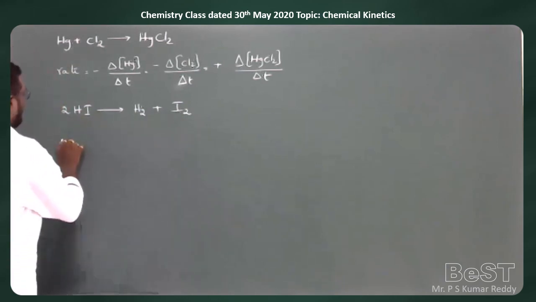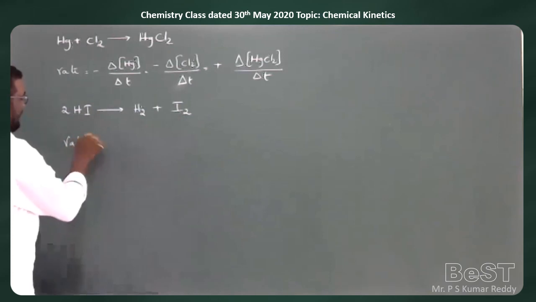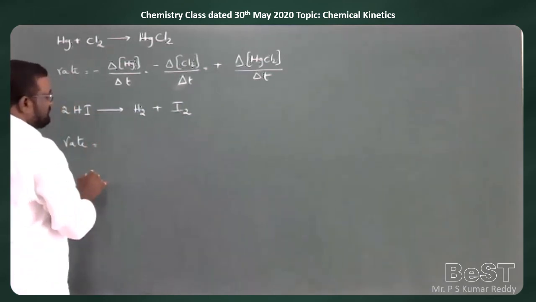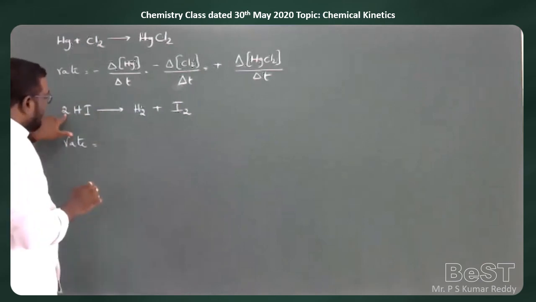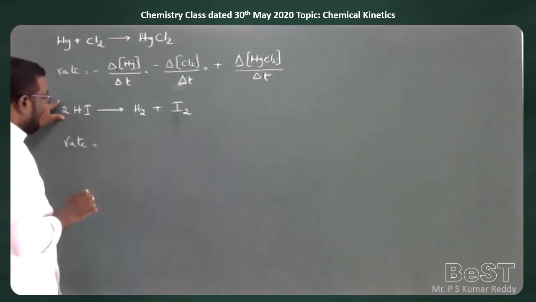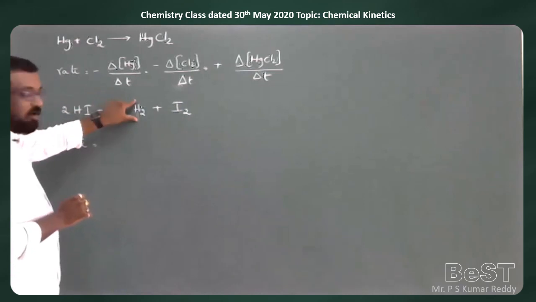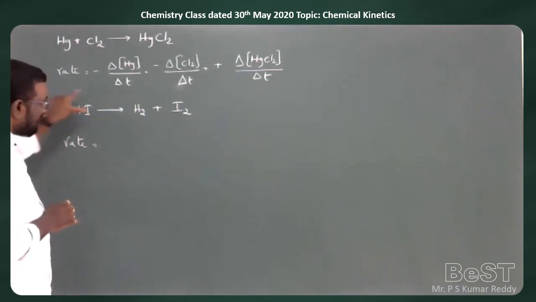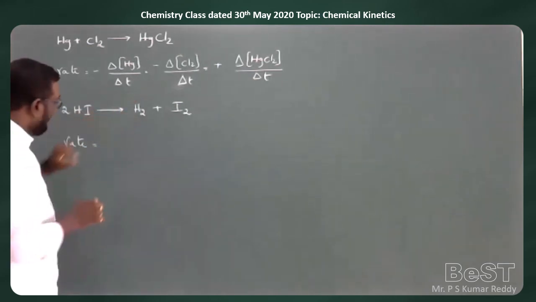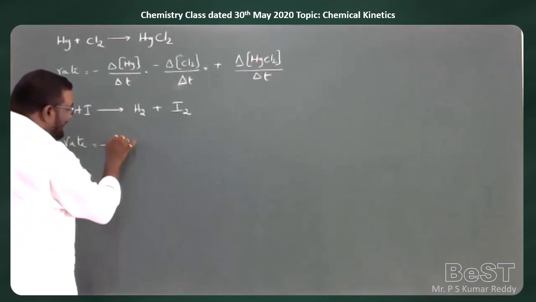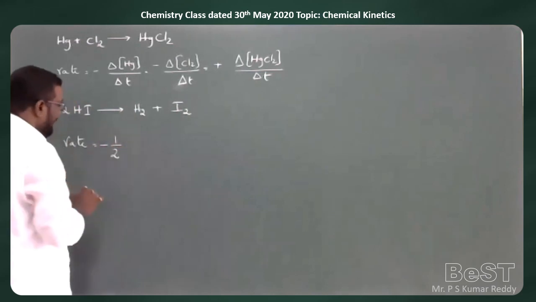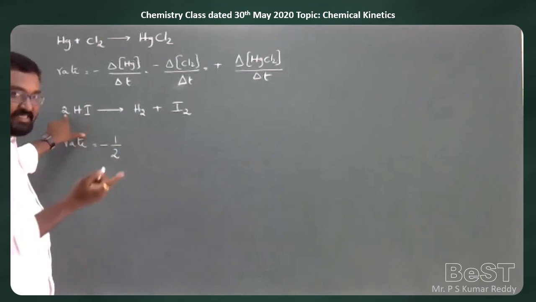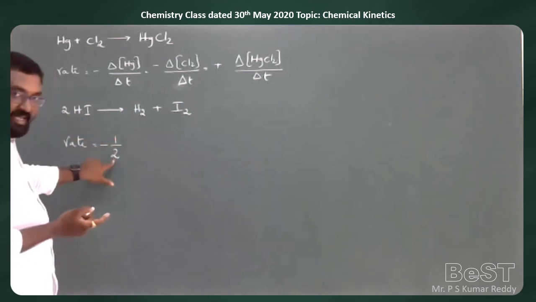Now, when I am representing the rate of reaction, the rate is equal to, here, when I take 2 moles of hydrogen iodide, I am producing 1 mole of hydrogen. That means it will be represented like this, minus half. Why? Because here I am taking 2 moles. Instead of 2 moles, if there were 3 moles here, it would be 1 by 3.